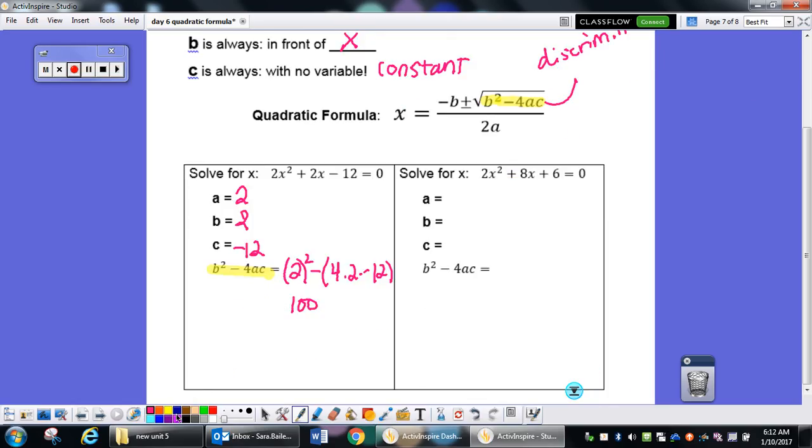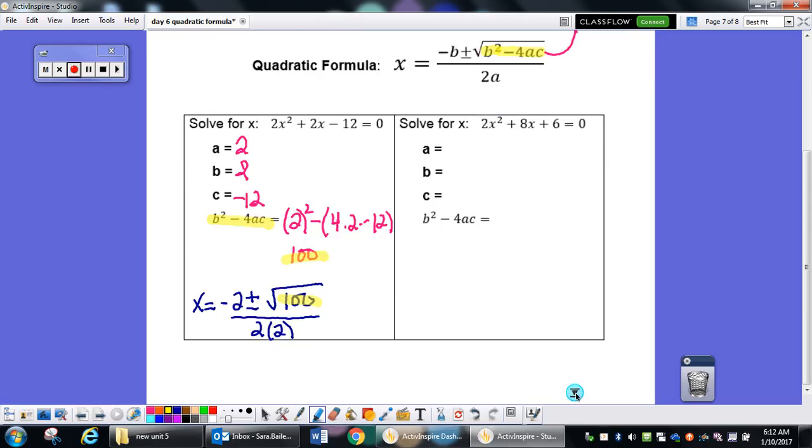Then you substitute into the formula. x equals the opposite of b, so negative 2, plus or minus the square root of, we now know our discriminant is 100, all over 2 times 2. It's important to note that this number and that number are the same, I've just done the math ahead of time.